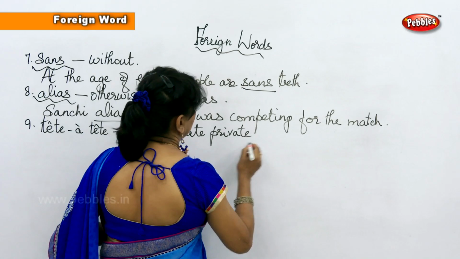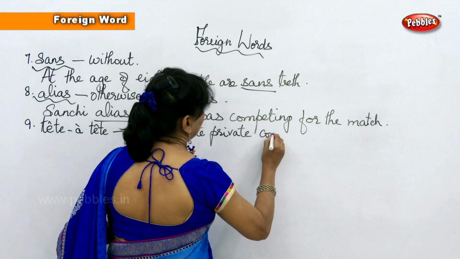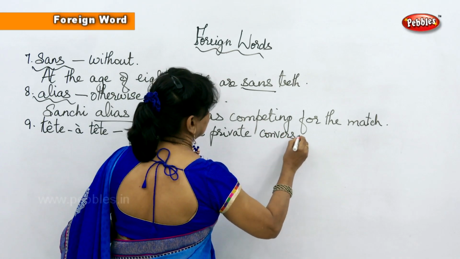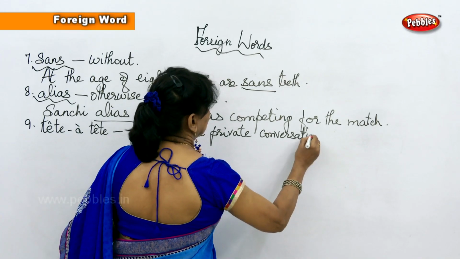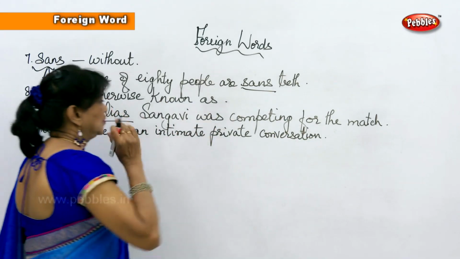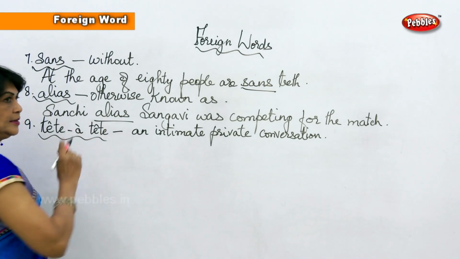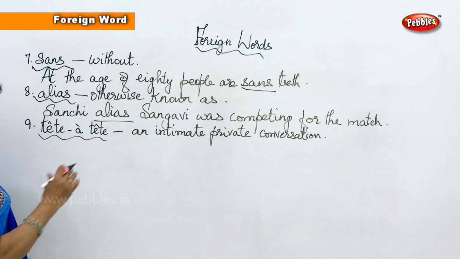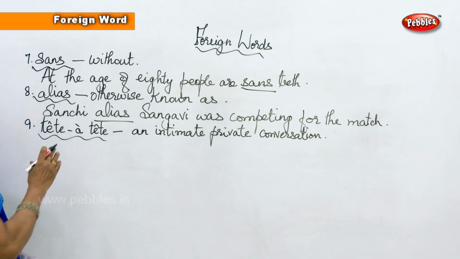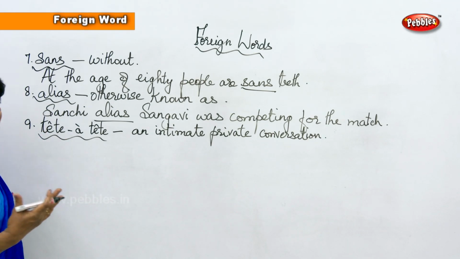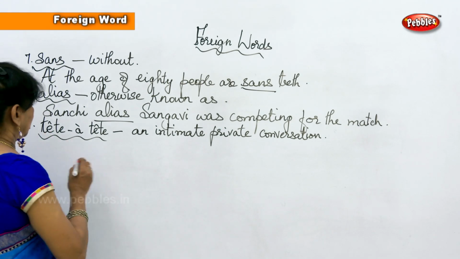Tete-a-tete means an intimate, private conversation. Okay, tete-a-tete. This is also a French word that is face to face or head to head. Tete in French means head. Head to head conversation, that's what it means.